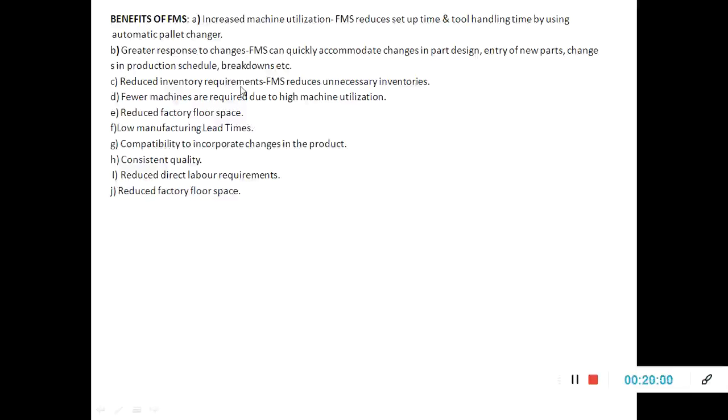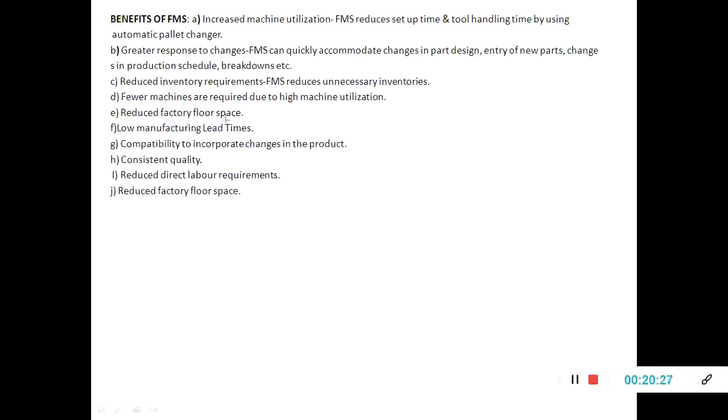Reduced inventory requirements. So the stock, that is the stored components, inventories are going to be reduced with the help of FMS. Fewer machines are required due to high machine utilization. As in FMS we are using CNC machines, VMC machines, SMT machines, therefore high utilization is going to be achieved. Therefore only few machines are required with the help of FMS.